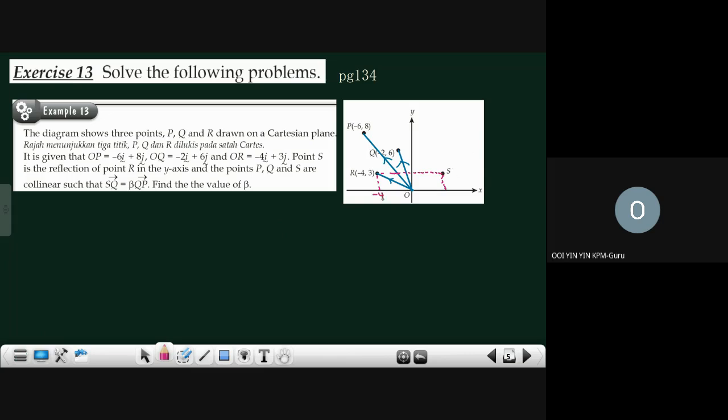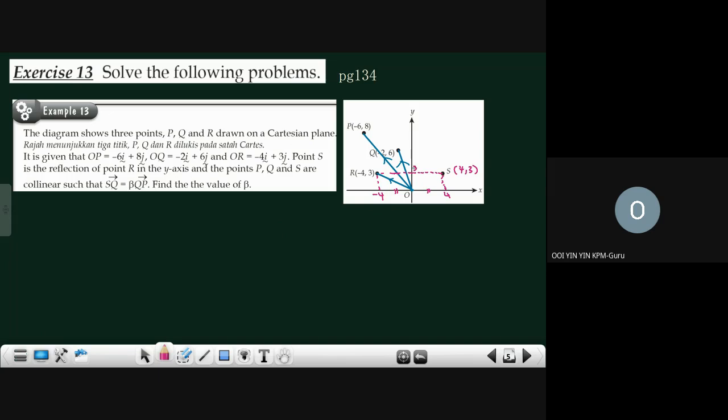So here, what do you think will be? Will be 4 because the distance will be equal, reflection. And then up here is 3, so here also will be 3. So your coordinate for S will be 4, 3.